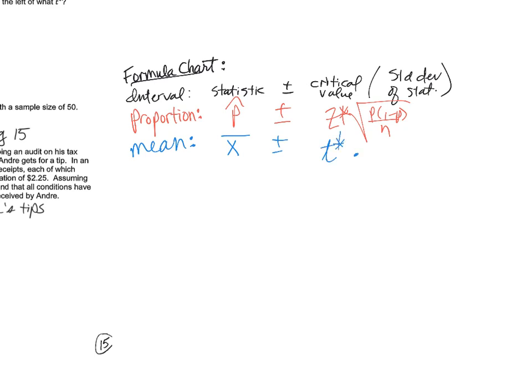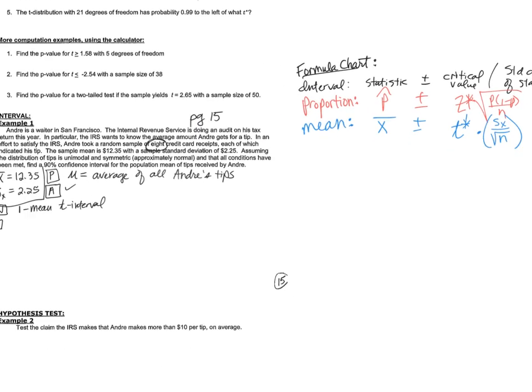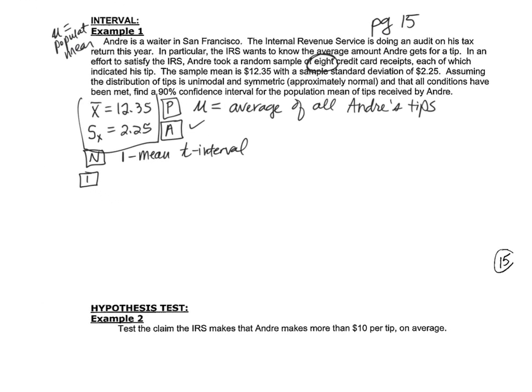Now, also, if you remember from way back in chapter 18 when we did a mean problem, the standard deviation for means was the sample standard deviation divided by the square root of n. So we'll have to be doing that now. So that's our formula, x bar plus or minus t star times s sub x over the square root of n. So that's what we're going to do to get our information over here.